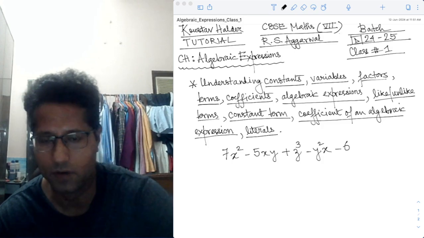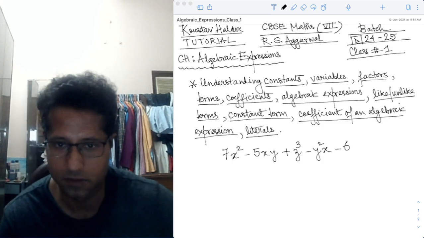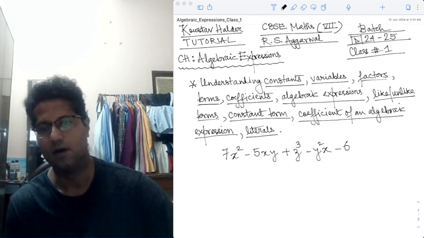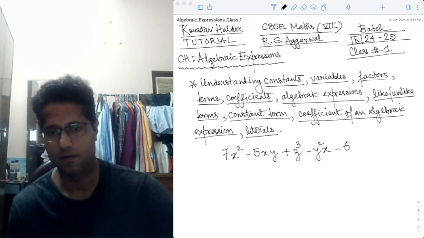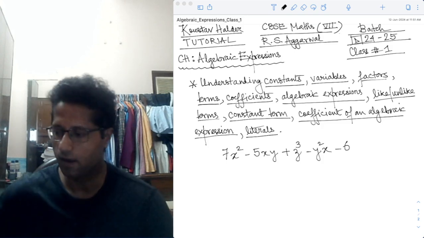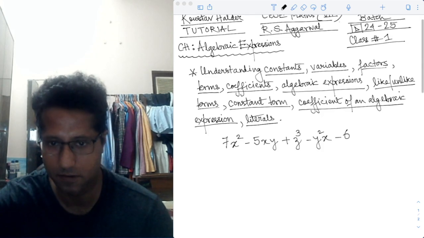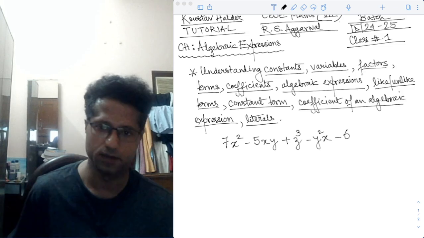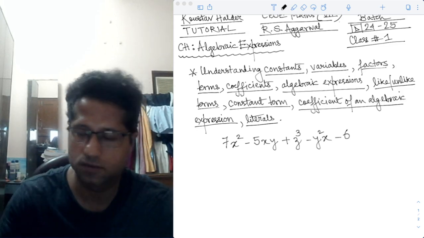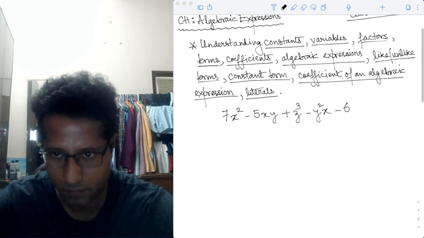I will not go into theoretical definitions of these terms, but let's try to understand these terms and concepts through an example. So you see, I have an algebraic expression which says 7x square minus 5xy plus z cube minus y square x minus 6.